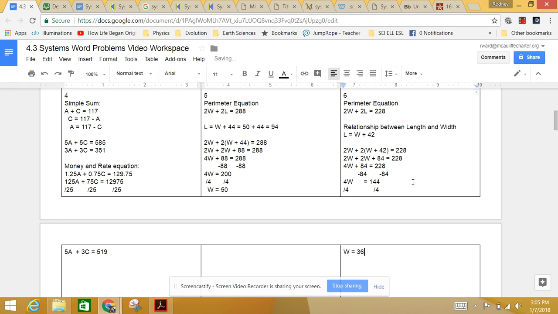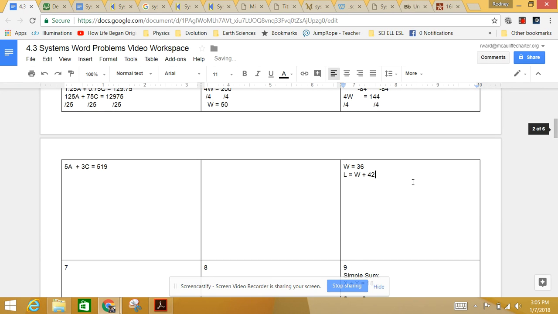So my width is 36. I'll use the relationship between length and width to sort out what the length is. My length is 36 plus 42, because my length is 42 more than my width. So I add 36, my width, and 42, which is the difference between them.